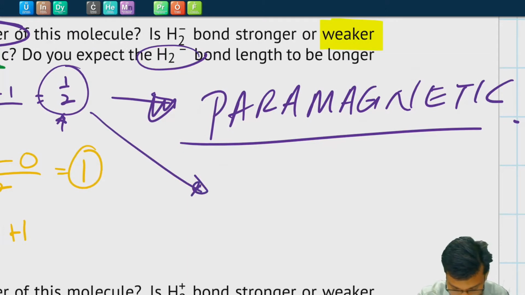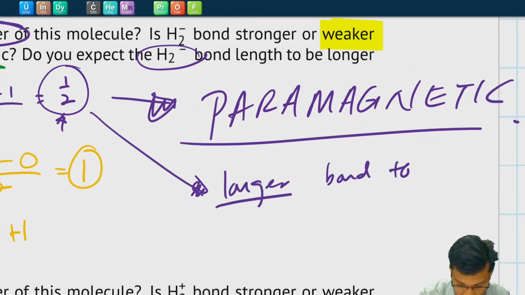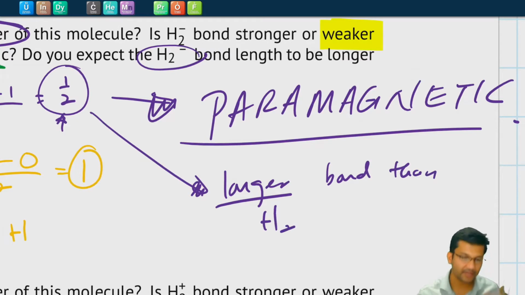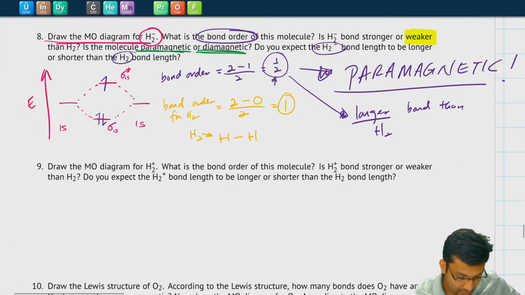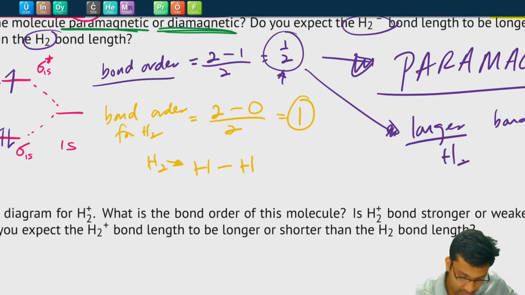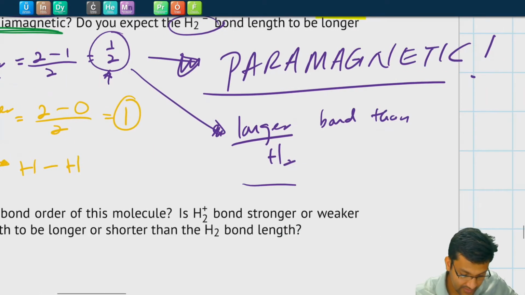So this means a longer bond than H2, simply because it's a weaker bond, right? Okay, so that's an example of how we can use molecular orbital theory to understand bond order, bond lengths, and whether things are paramagnetic or diamagnetic.